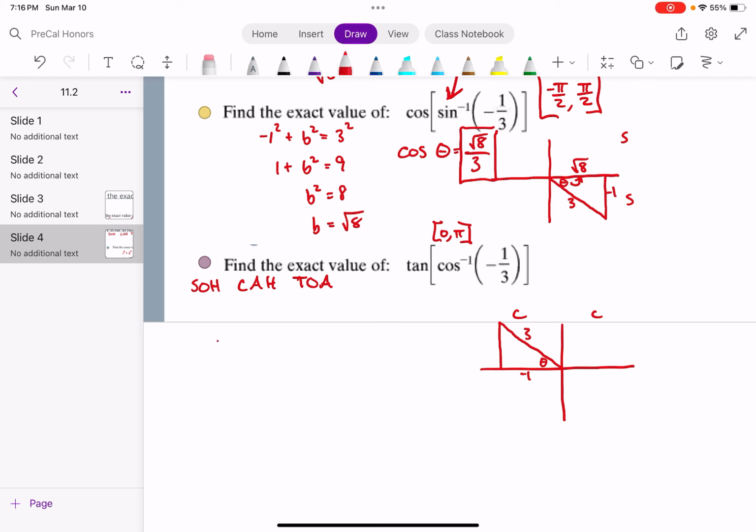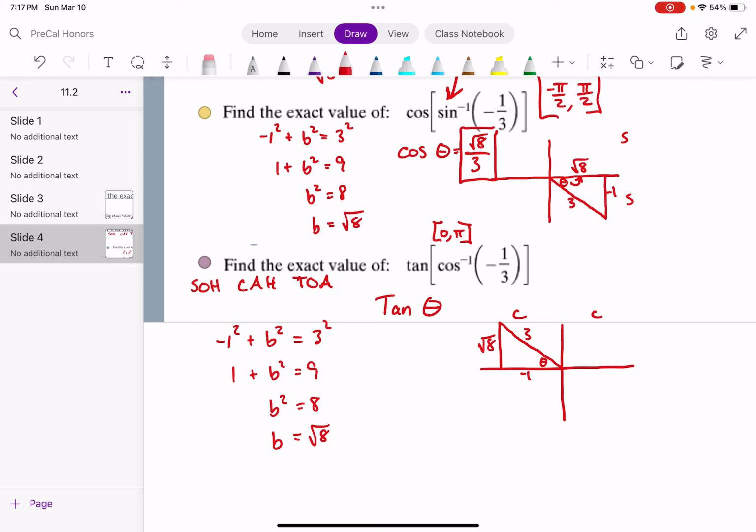In this case, -1 squared plus b squared is equal to 3 squared. 1 plus b squared is equal to 9. B squared is equal to 8. And b is equal to the square root of 8. Once we have found our theta, we need to find the tangent of theta.